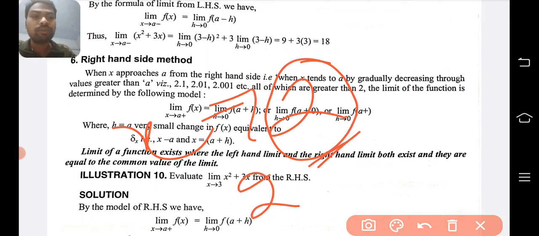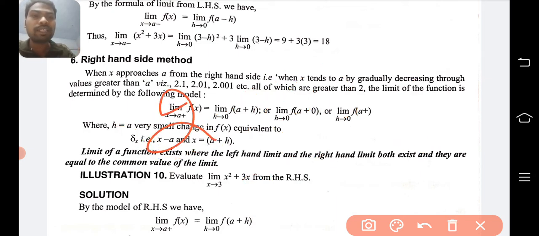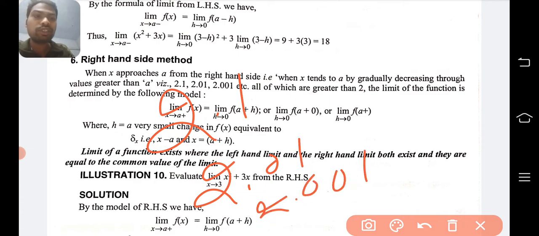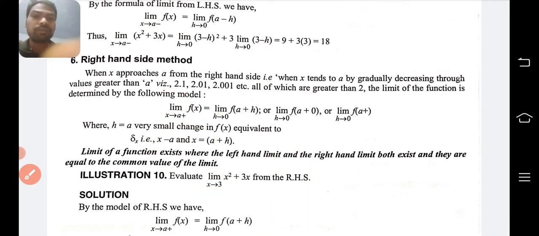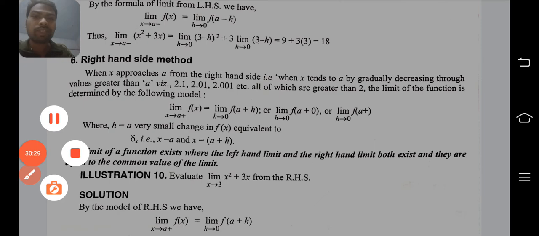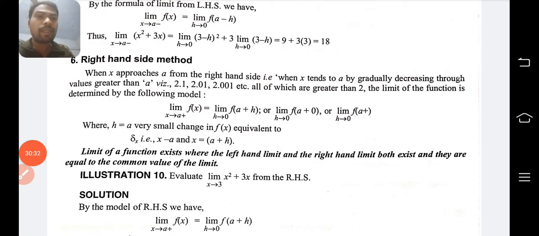It means from 2.1, and that greater value will decline towards the value 2. We will take 2.1, then 2.01, 2.001 in this way. Clear? So here the value of x approaches toward the constant 2.